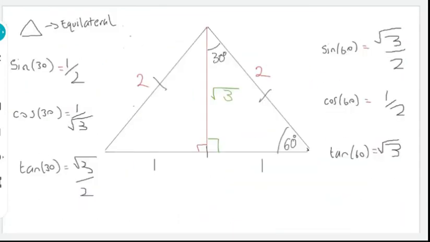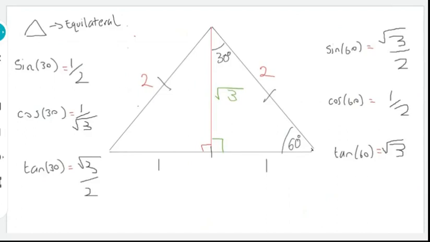Okay, so just verifying some of the others. Oh, okay, someone's got all of them on slide 4. So sine 30 is opposite over hypotenuse. So the 1 is opposite, the 2 is the hypotenuse. Yes. Cos 30 is not quite right. And tan 30 is also not quite right.